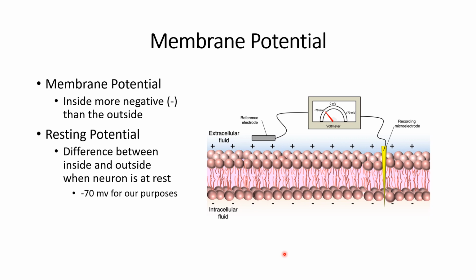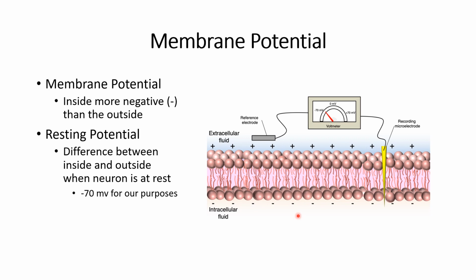When this cell is at rest and nothing's happening, we have something called resting potential. The resting potential is usually a condition where the intracellular fluid, the fluid on the inside of the cell, is more negatively charged than the fluid on the outside. So if a neuron is at rest, just hanging around, the fluid surrounding that cell is going to have more positively charged ions than the inside.